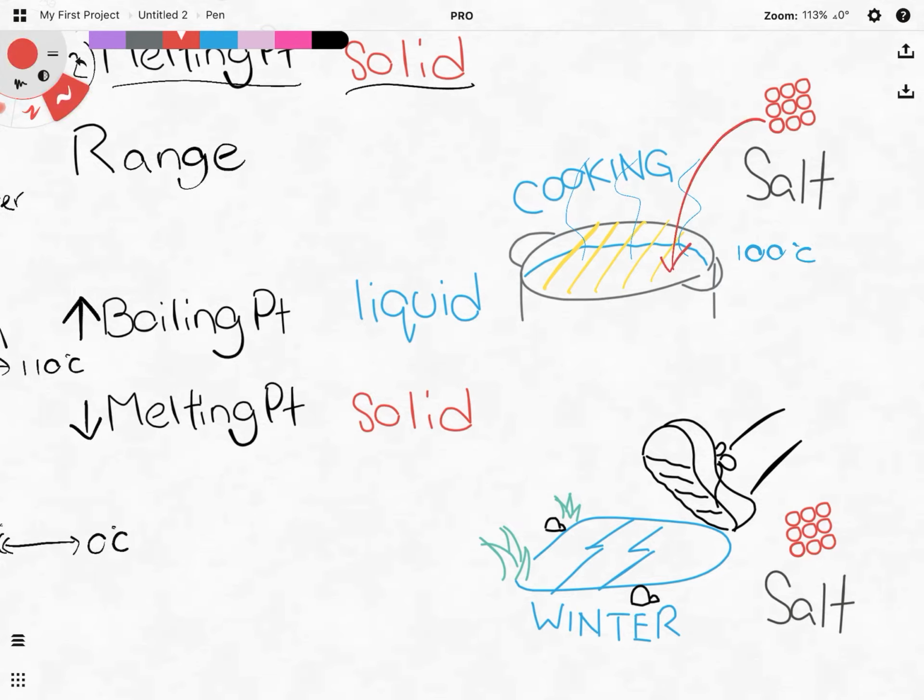When I throw some salt in, I'm adding impurities to the pure water. In doing so, I end up increasing the boiling point. That means to say, the water now may not boil at 100 degrees Celsius, it may instead boil at, let's say, 110 degrees Celsius. That means at 110 degrees Celsius, your water will not be boiling yet.